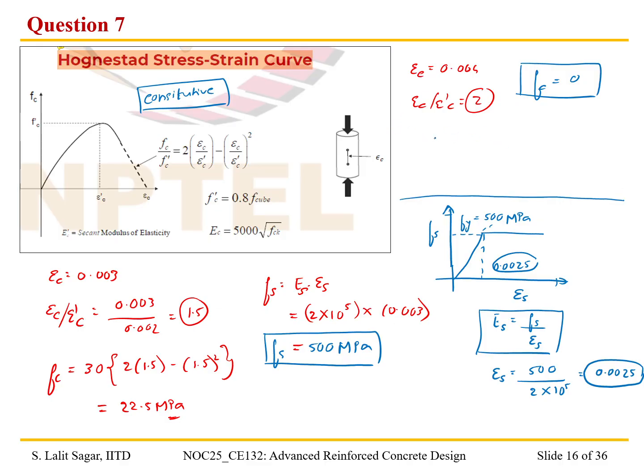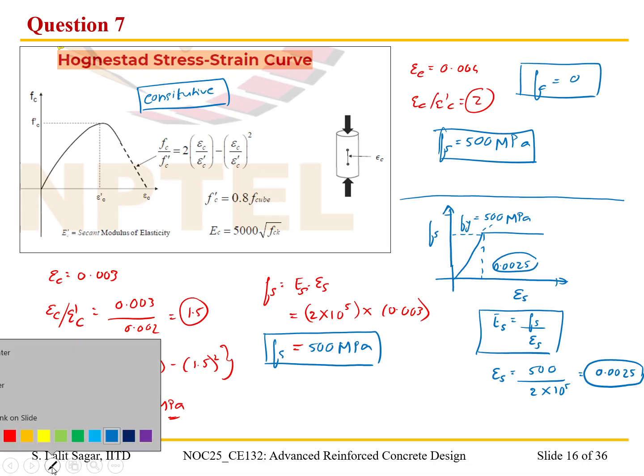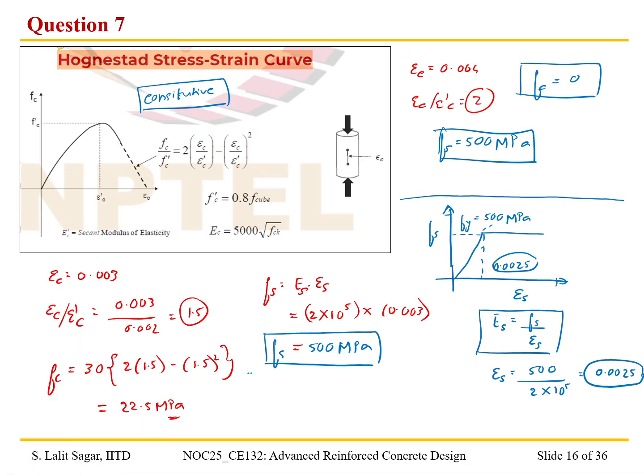Corresponding to 0.004, we know that it has yielded and it is in the plateau region, so the value of Fs is going to be 500 MPa.